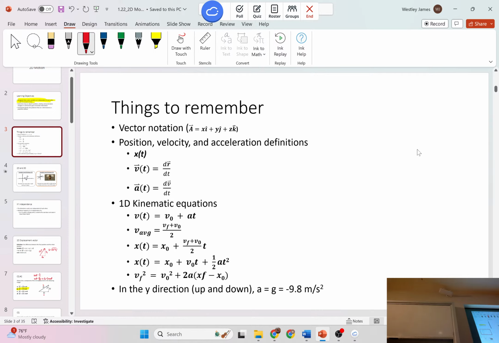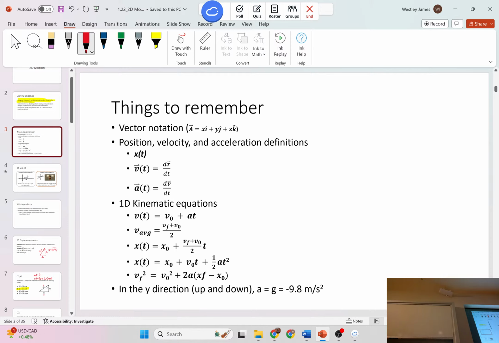Alright, so last class, let's just jump right into it. Last class we finished up 1D kinematics. So we reminded ourselves we got this wonderful list of equations. Remember the way to engage with these equations is when you're solving a problem, write your givens, write what you're solving for, and then choose an equation that has what you're solving for, and ideally has your givens.